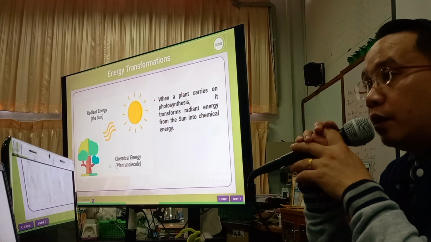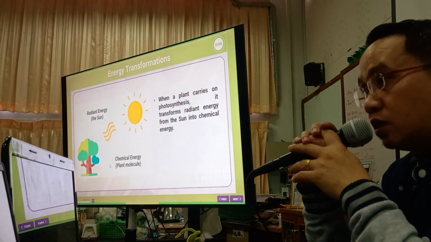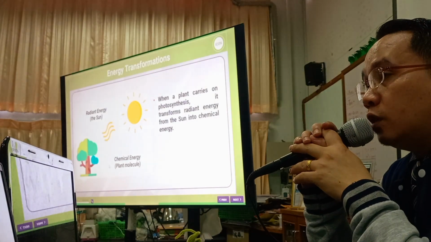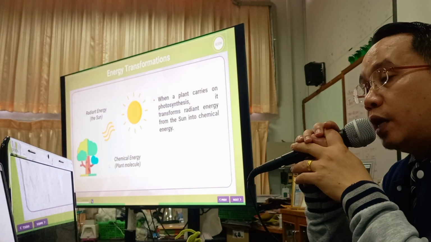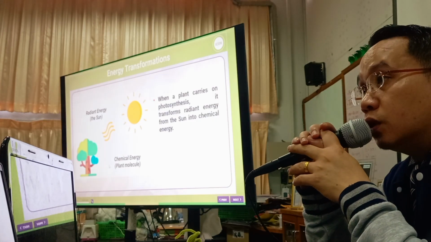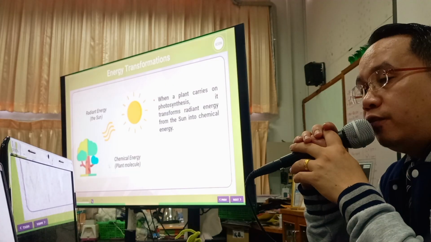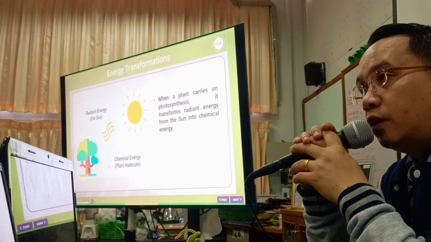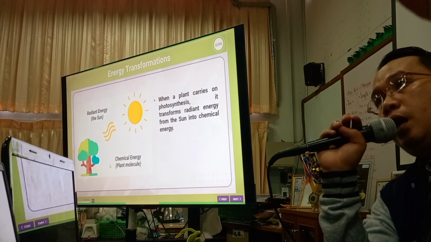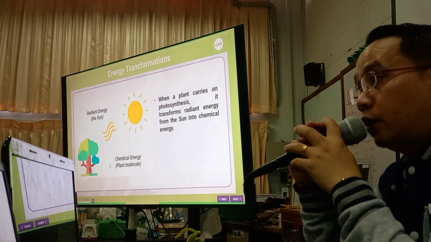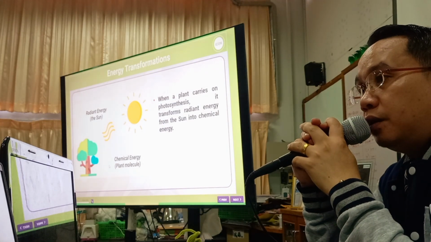How about radiant energy? What do you mean by the word radiant? Radiant means light. Radiant is another keyword to remember, commonly known as light energy from the sun. When a plant carries on photosynthesis, it transforms radiant energy, the absorption of sunlight through the plant leaf, from the sun into chemical energy.